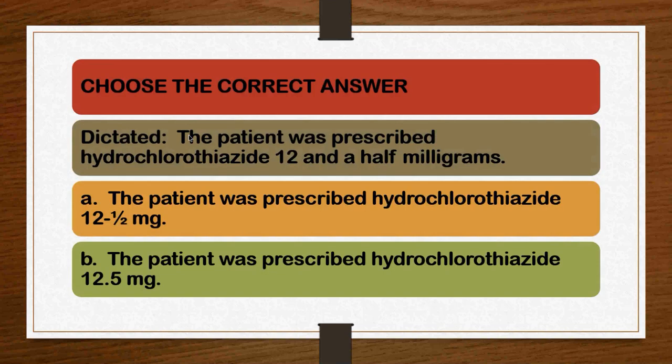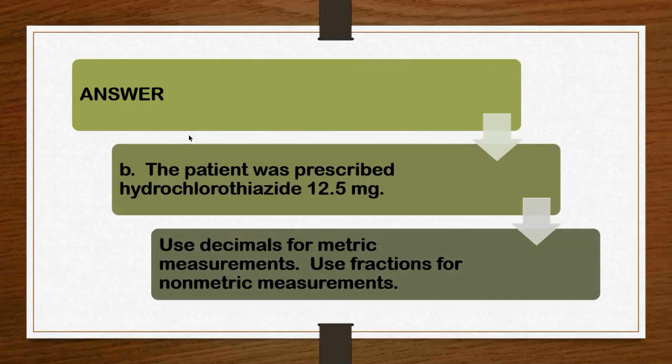Okay. All right. The patient was prescribed hydrochlorothiazide, 12.5 milligrams. How is that written out? A or B? Okay. And it's going to be B. You use decimals for metric measurements, and milligram is a metric measurement, and you use fractions for non-metric.